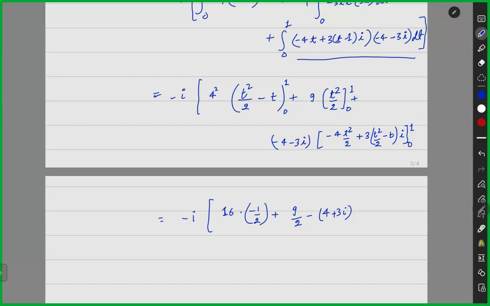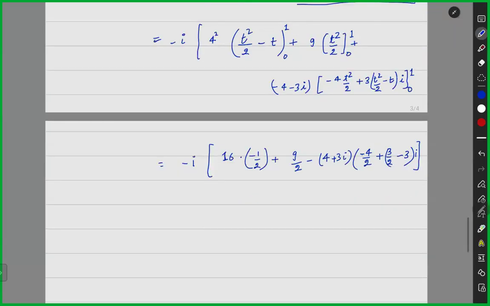So we write in bracket minus 4 by 2 plus 3 by 2 minus 3i. Okay, so further minus i here, we get minus 8 plus 9 by 2 minus 4 plus 3i, and this can be solved. 3 by 2 minus 3 by 2 minus 3 by 2, and this is minus 2 minus 3 by 2 i.